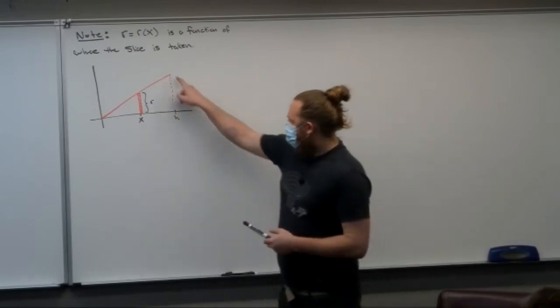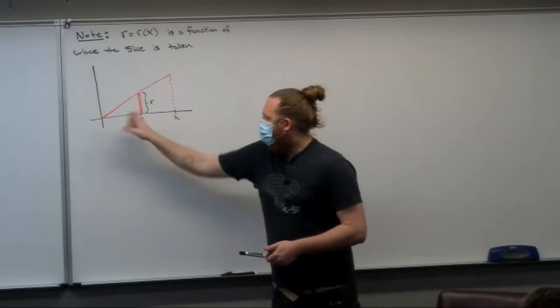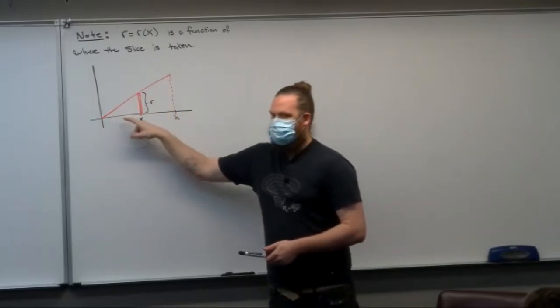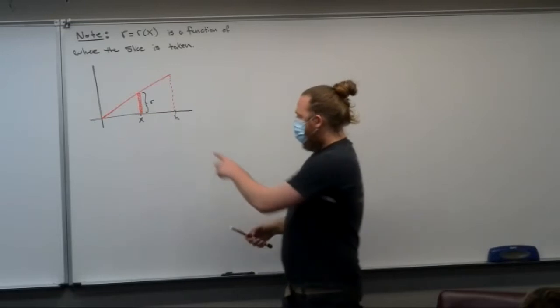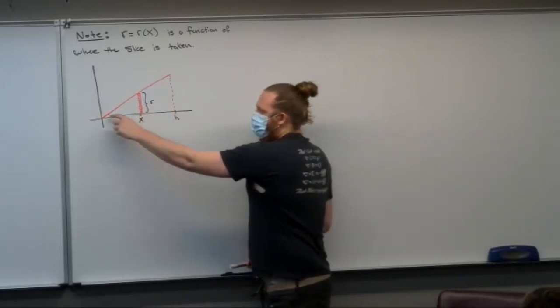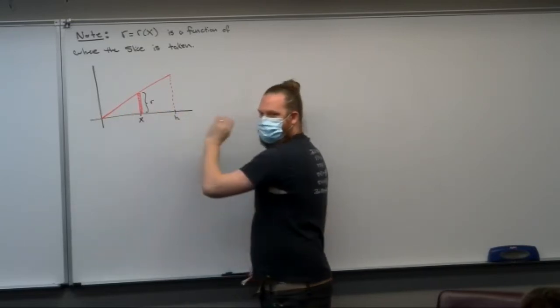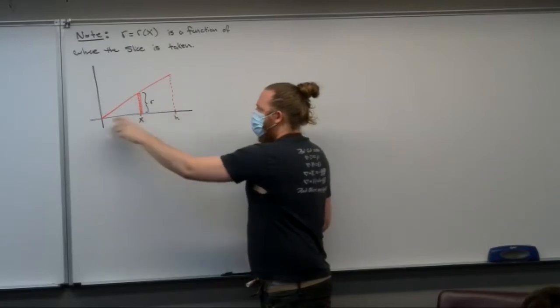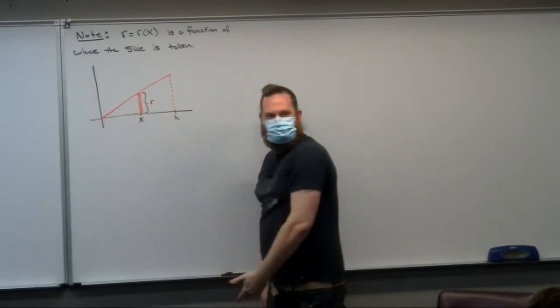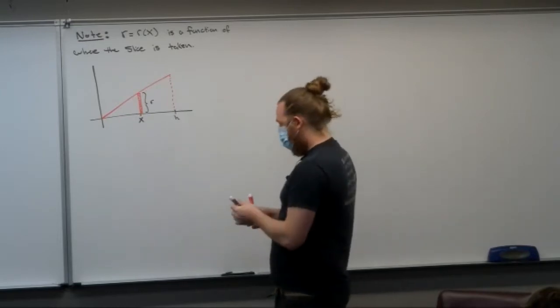So here's a big right triangle, and it has a little right triangle inscribed within it. Since this is a 90-degree angle, and this is a 90-degree angle, and this angle in here is shared between the 2 triangles, the big triangle and the little triangle must be similar. In other words, the ratios of side lengths are the same.